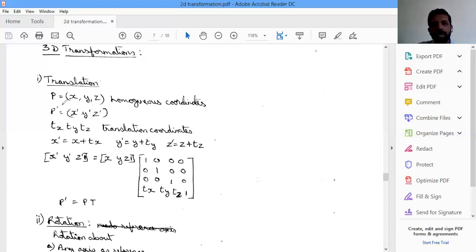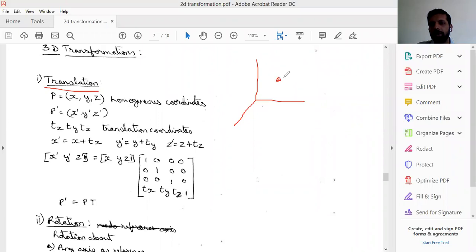Here, for every point we will have an x value, a y value, and a z value, if this is the x-axis, this is the y-axis, and this is the z-axis. The initial point will be x, y, z, and the final value after translation will be x dash, y dash, z dash.